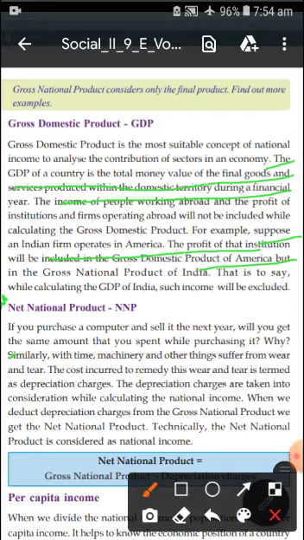For example, suppose an Indian firm operates in America. The profit of the institution will be included in the gross domestic product of America because that company is in America.